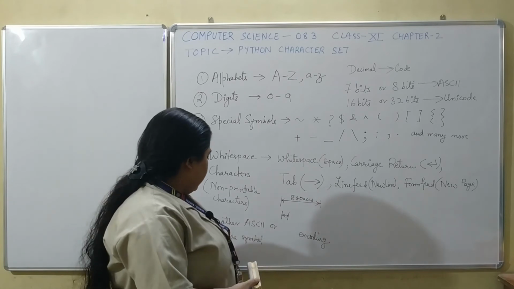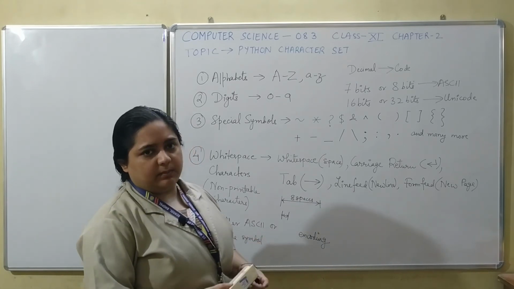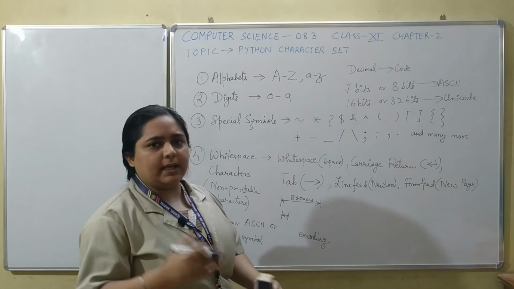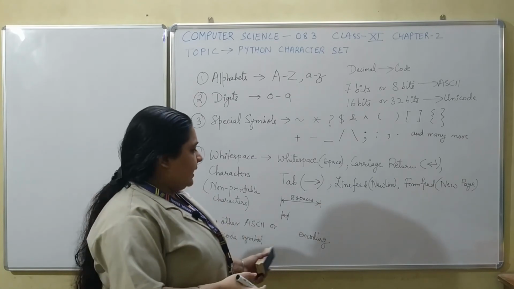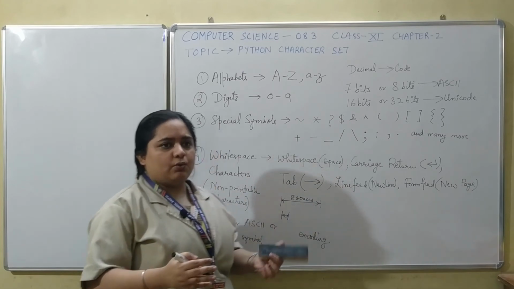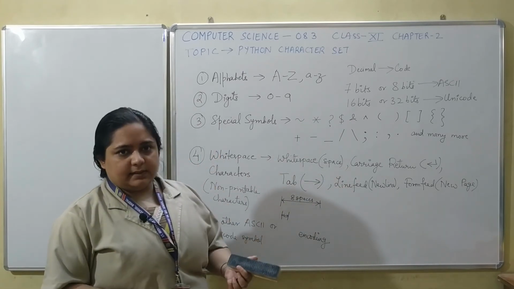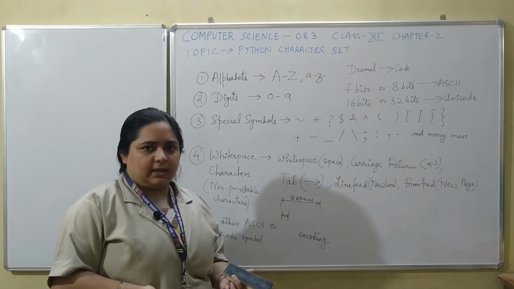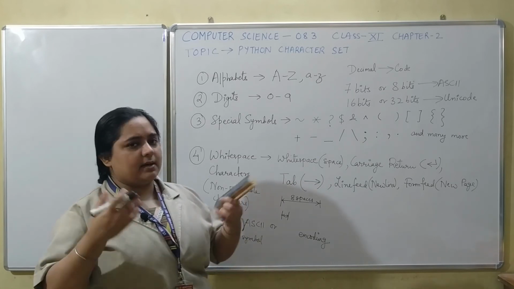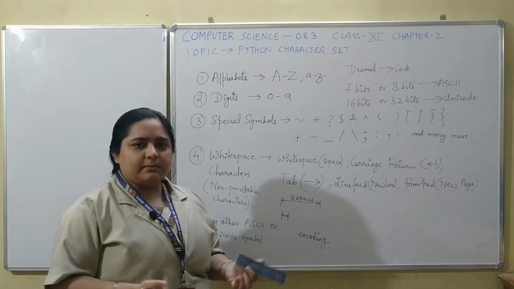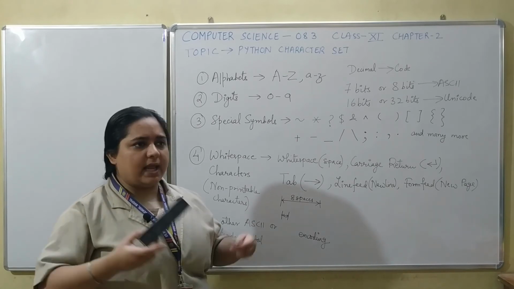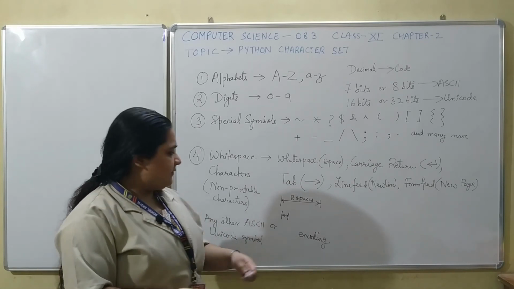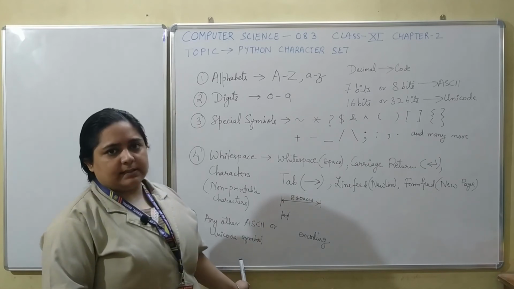Whereas Unicode is an encoding scheme which includes all the characters of all the major world languages, right from English to Chinese characters, that is Mandarin ideographic characters, or Arabic characters, Greek symbols, any language of the world, whichever you speak of, you name it, and that character you can find in Unicode symbols.